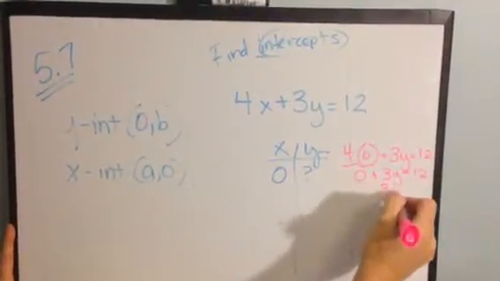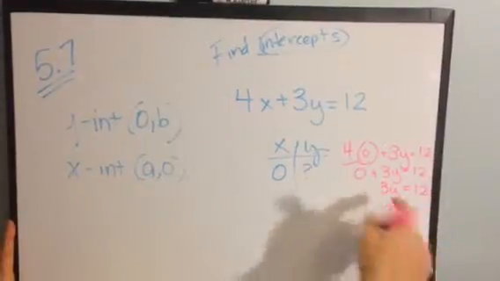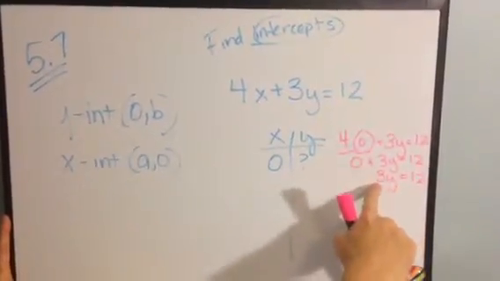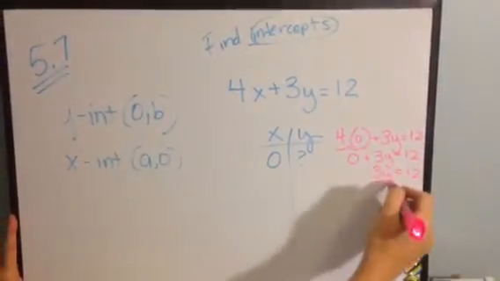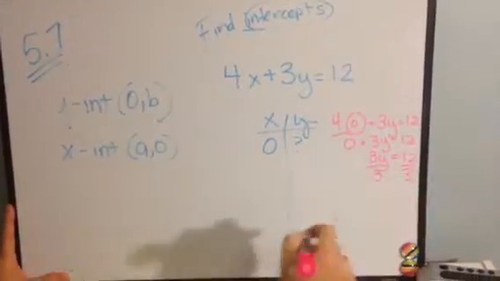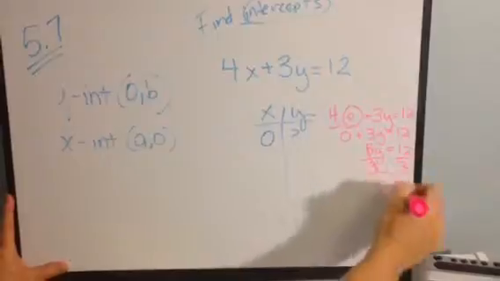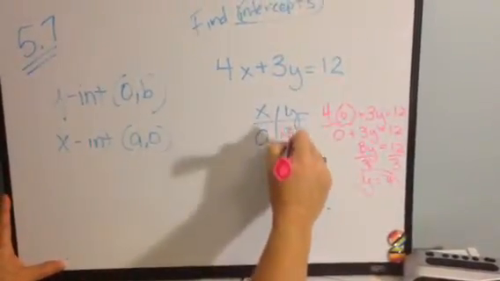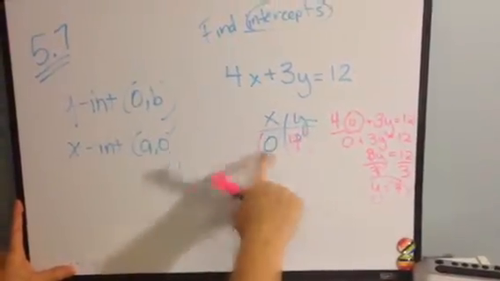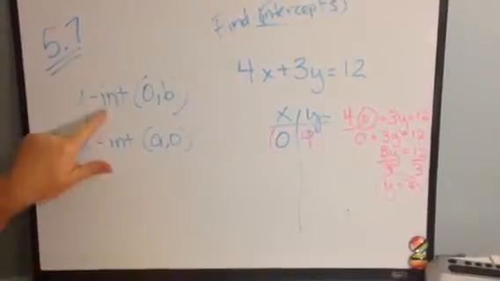Well, that's the same as just 3y equals 12. Here's my y. He's being multiplied times 3, so the opposite of multiplying by 3 is divide by 3. Same thing on the other side of the equal sign. So y equals 12 divided by 3, which is 4. So then the point 0, 4 is my y-intercept.